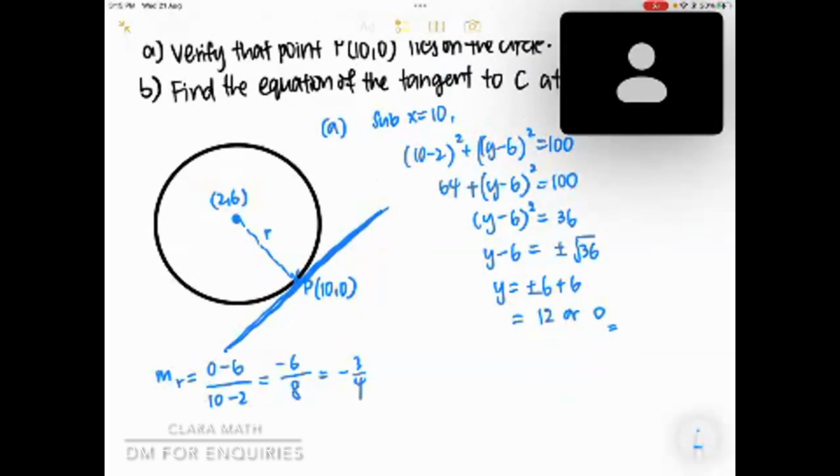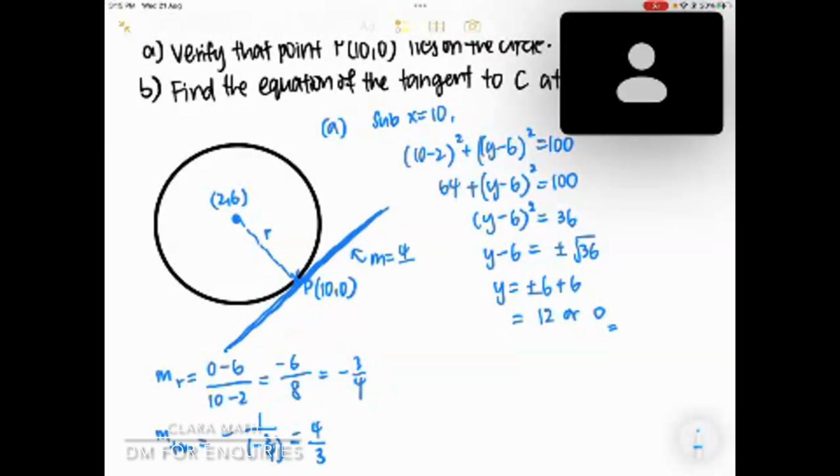The gradient of the tangent is negative 1 over the gradient of the radius. Just use the calculator and you will get positive 4 over 3. Basically, it's a flip of the fraction. Then that's your gradient for this line.